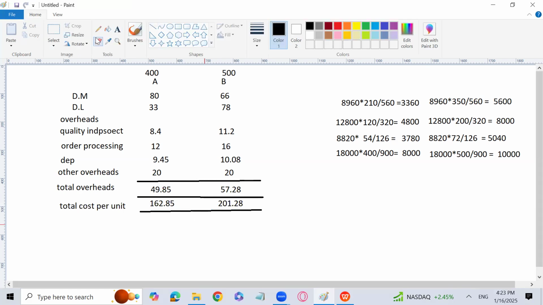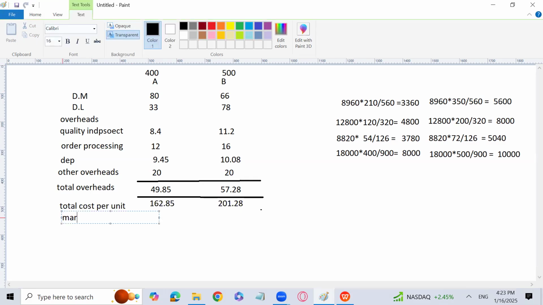Now I have to add the markup or the profit percentage to find the selling price, because this is the total cost. So markup is going to be 100%. So I will write the same amount of the total cost per unit, that is 162.85, and here 201.28.